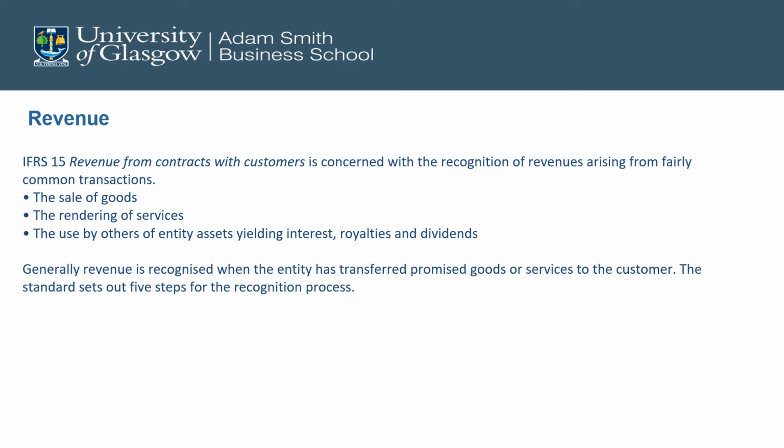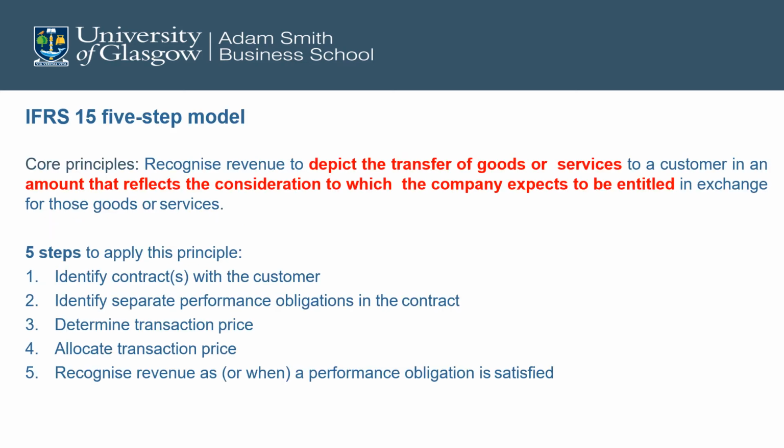Generally, revenue is recognized when an entity has transferred promised goods or services to the customer, and it has set out 5 steps for the recognition process. Those steps are: identify the contract with the customer, identify separate performance obligations in the contract, determine the transaction price, allocate the transaction price, and recognize revenue as a performance obligation is satisfied.